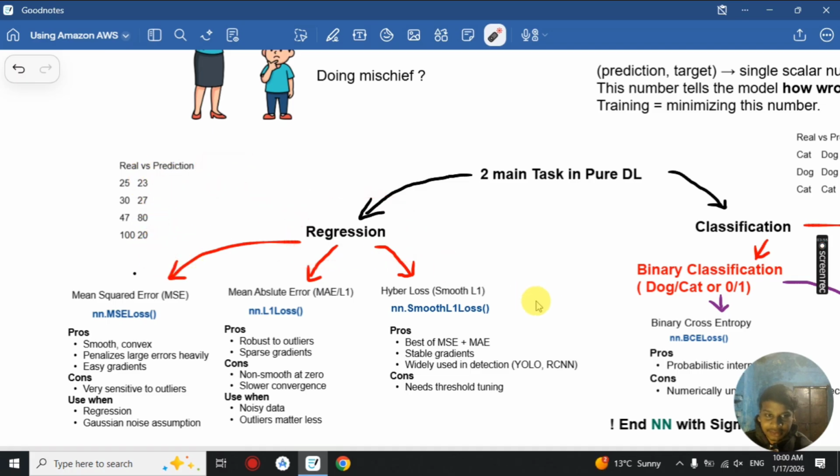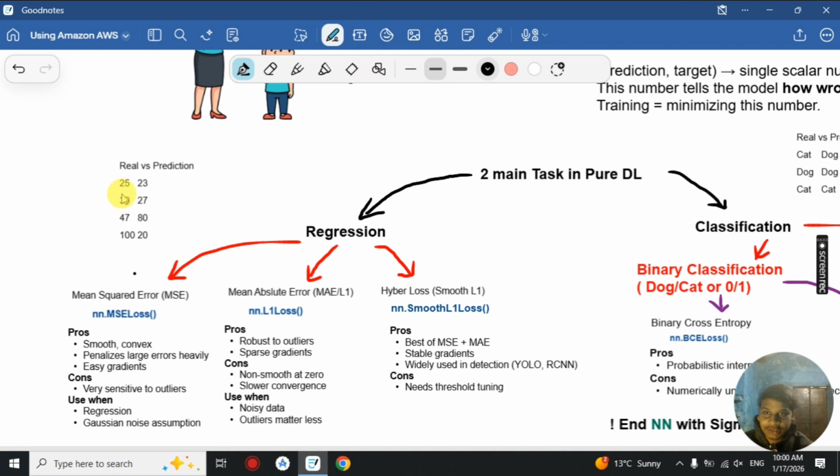In regression we are predicting a continuous value, and here the penalty is raised based on how far the prediction is from the real value. Here you will see the real value is 2.5 but the prediction is 3, so the difference is small and the loss will be very small.